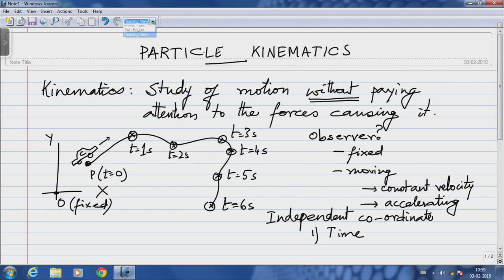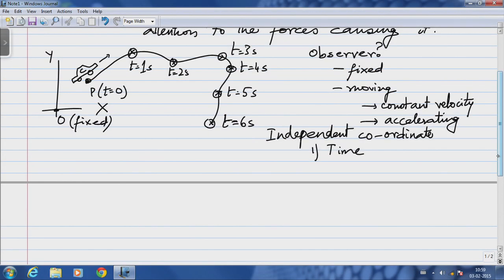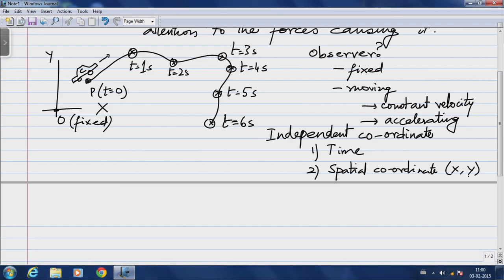Another possibility of making observations is with spatial coordinate as my independent variable. So, it could be x, it could be y, it could be x and y, depends on the number of variables I need to completely describe the motion of this body. Okay, we will come to this later. Let us first talk of what the time analysis looks like.